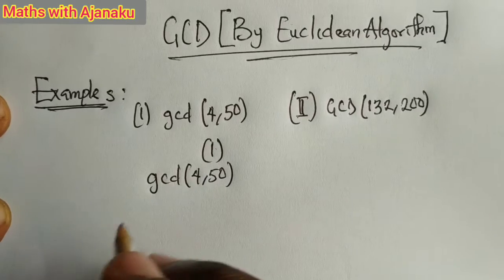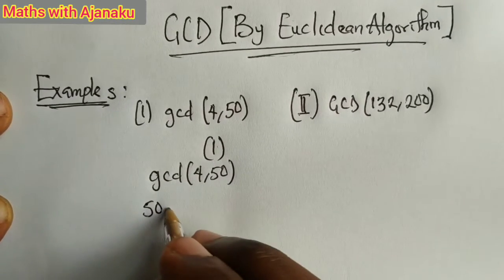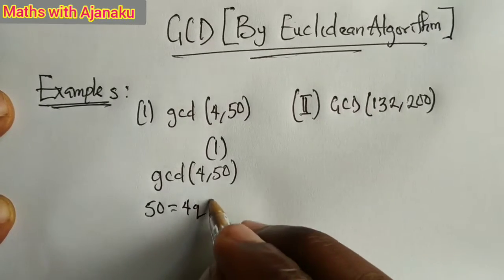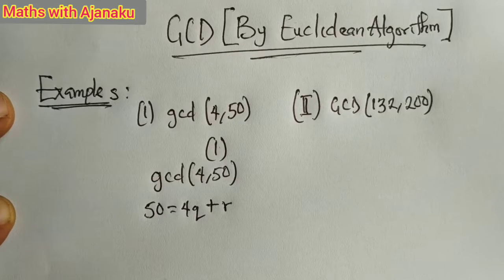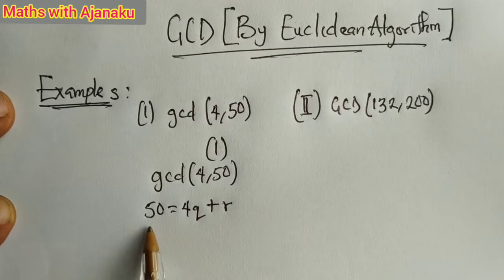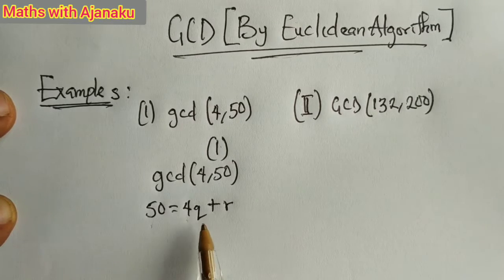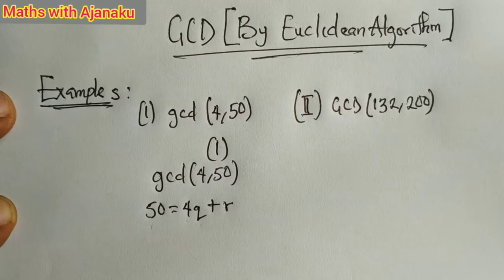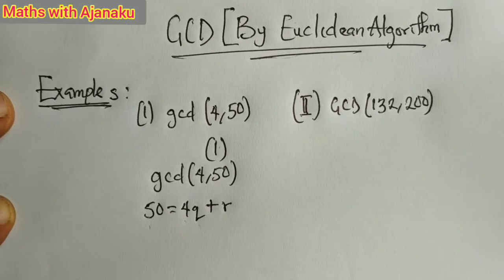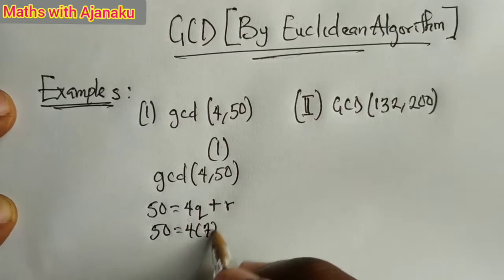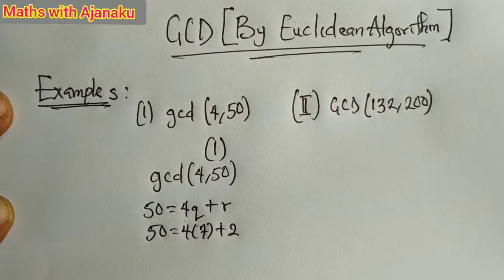Euclid will interpret this as 50 equal to 4 times some q plus some r, where 50 being the largest of the two numbers is the dividend, 4, the second number, is the divisor, times some q, the quotient, plus some r, the remainder. In view of this, 50 can be written as 4 times 7 plus 2. Of course, 4 times 7 being 28 plus 2 equal to 30.